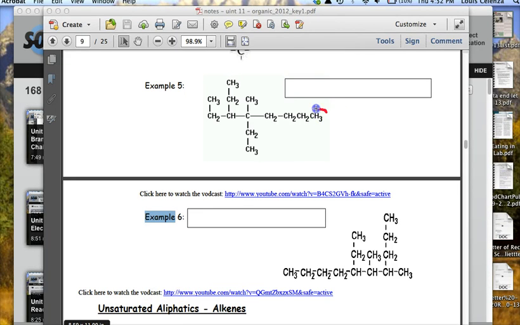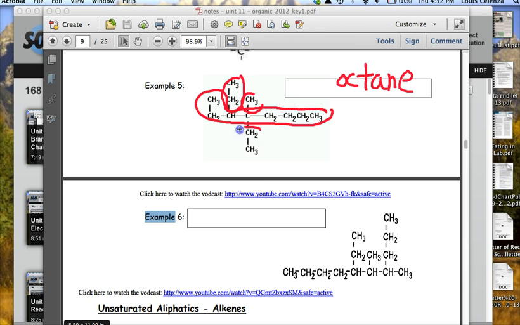Alright, so again, we said we're going to use this as the parent, and we said that was octane as the parent. So we'll write that down. We have a methyl here and two ethyls. One here, one here. And we said we're going to number it in that direction. So that's the third, that's the fourth carbon.